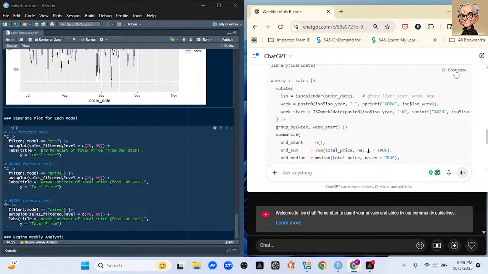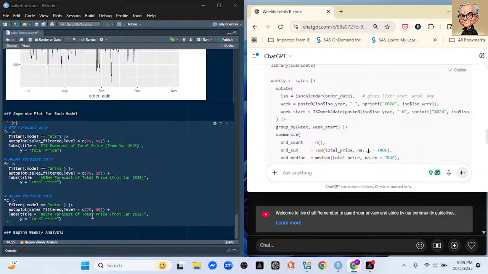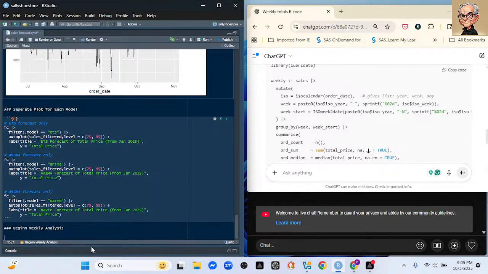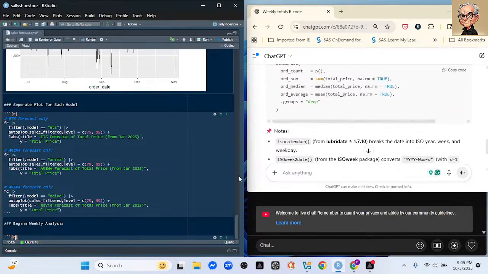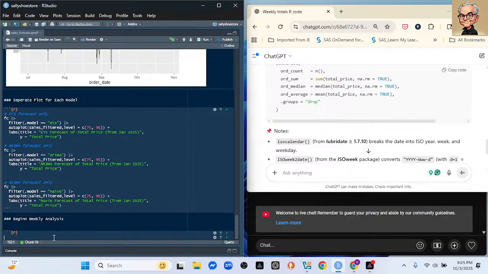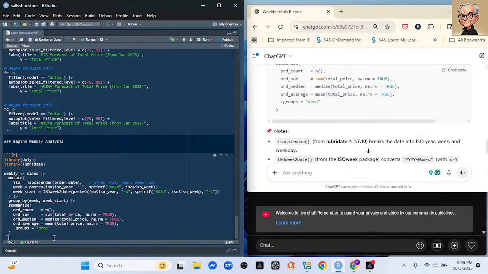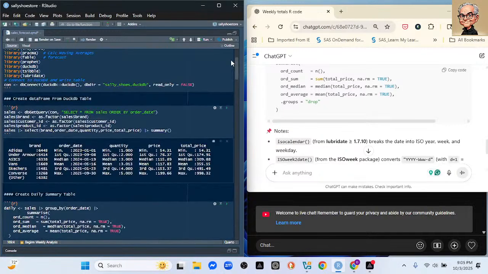So, here's our numbers. Do we have lubridate installed up here?